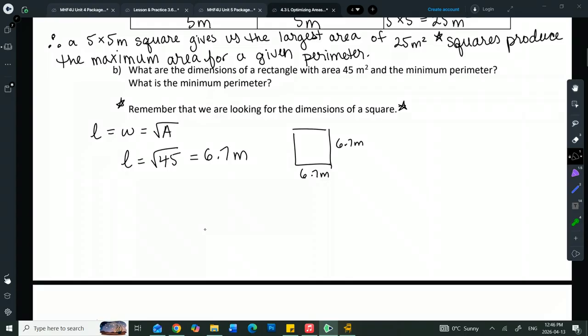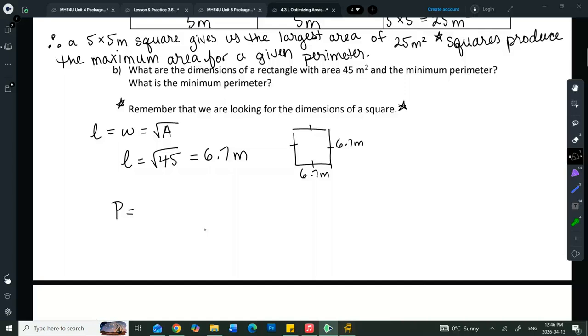And then how do I find the perimeter of something like this? What does perimeter mean? Yeah, so all the lengths and widths of that added up. So how do I find it for a 6.7 by 6.7 square?